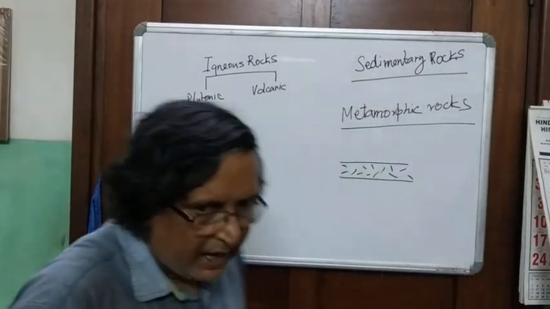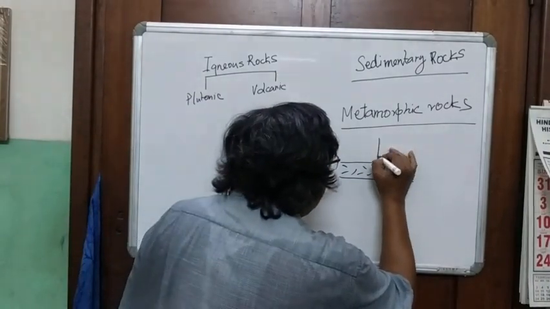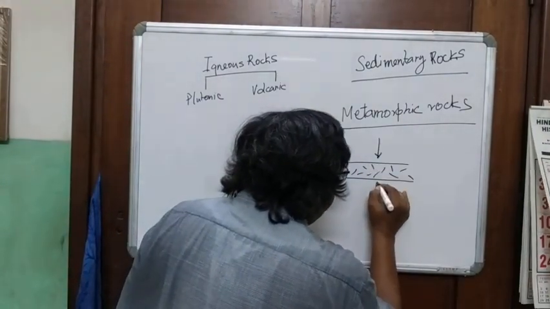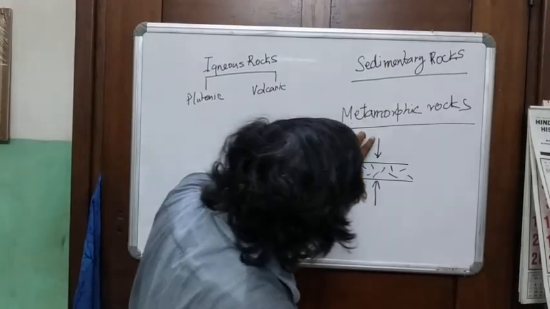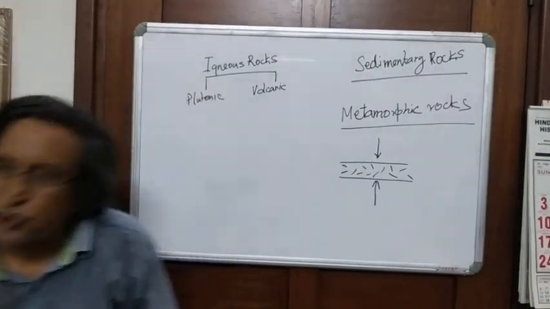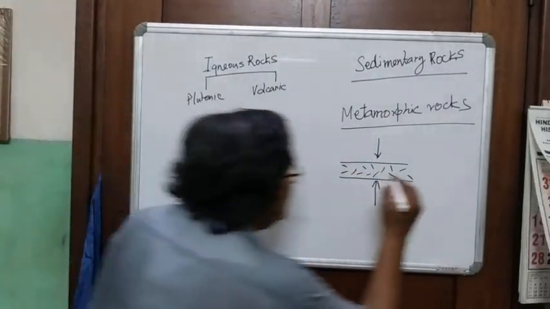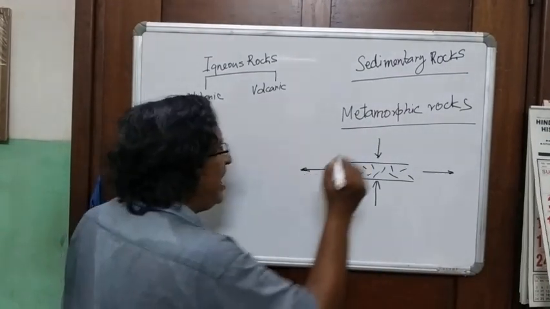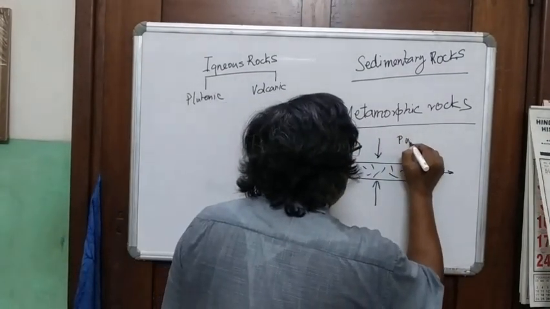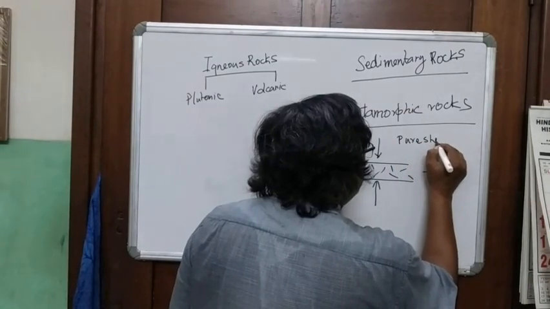It might so happen that if you apply pressure or stress onto the rock, this is the zone of maximum shortening, and this is the zone of maximum stretching. I am taking here what is called pure shear deformation.